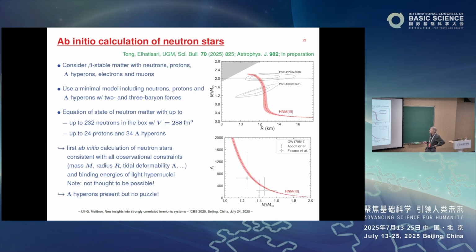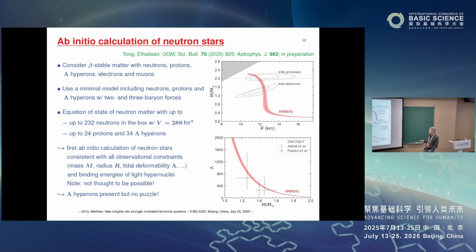And this is the last thing I want to say. Nuclear physics, I told about nuclear matter and neutron stars. And so we did a calculation together with Huitong and Sarah Tizari, which is published and in preparation, of beta-stable matter with neutrons, protons, also lambda hyperons, because they appear at some density in neutron stars, electrons, and muons.